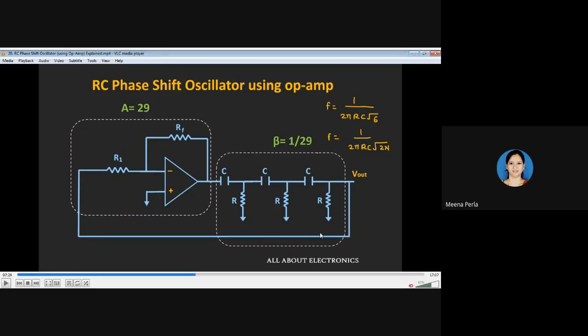For this circuit we are going to derive the frequency f equal to 1 upon 2 pi RC under root 6, as well as the feedback factor, which is equal to 1 upon 29. We will see how we obtain beta as 1 upon 29, where we have assumed that the gain of the amplifier is equal to 29. All this we are going to see in detail right now.